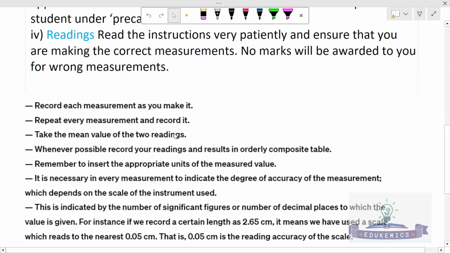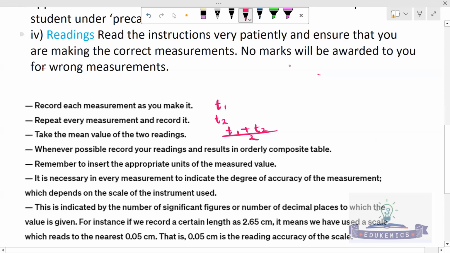Then take the mean values of the recording. So let's say you are taking the time of oscillation. Let's say T1. So here is T1, here is T2. So you take the mean of these two. That's the average over 2. So that is what that slide is telling us to do.